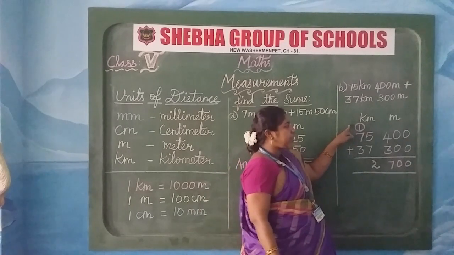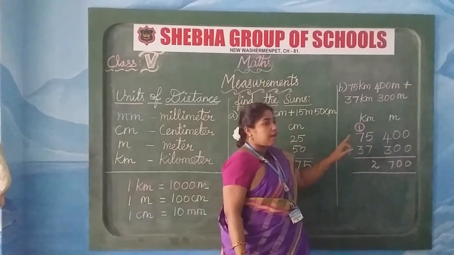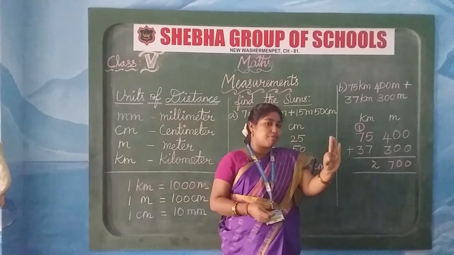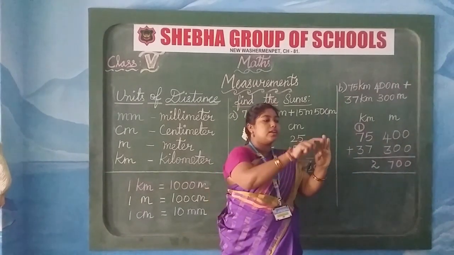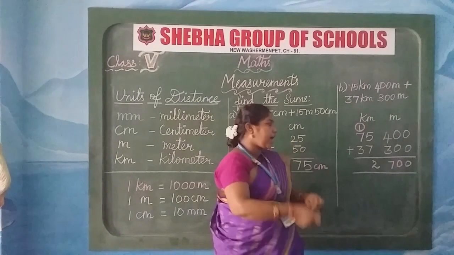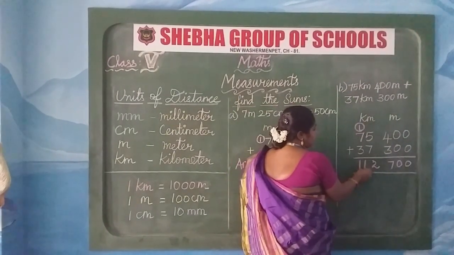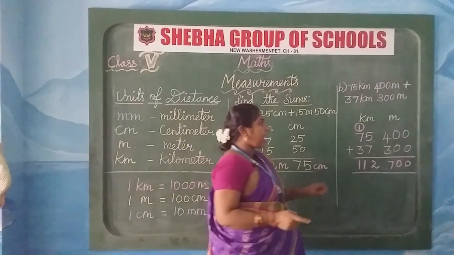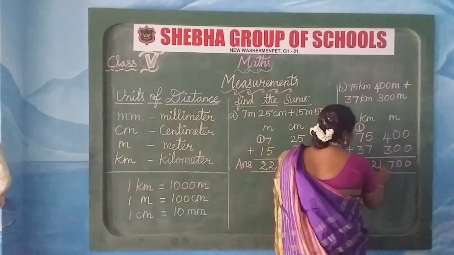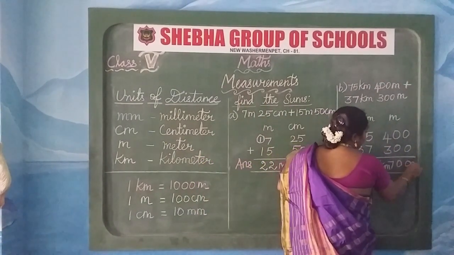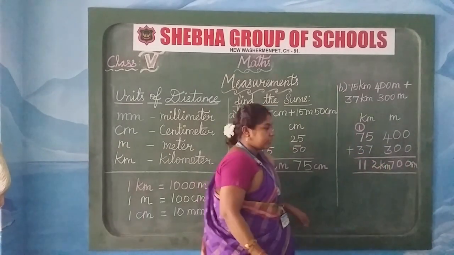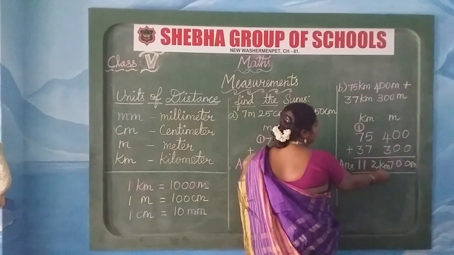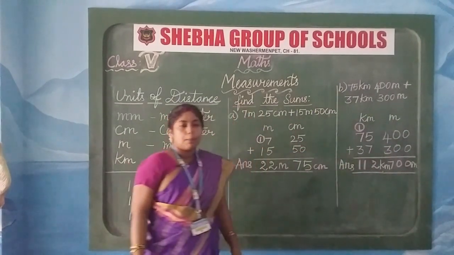From the carrying number we have to add 1 plus 7, it is 8. 8 plus 3, 8 in the mind, 3 in the finger, after 8, 9, 10, 11. So next step, what do we have to do, children? Yes, you are right. We have to mention the units. Clear? So we get the answer 112 kilometer and 700 meter.